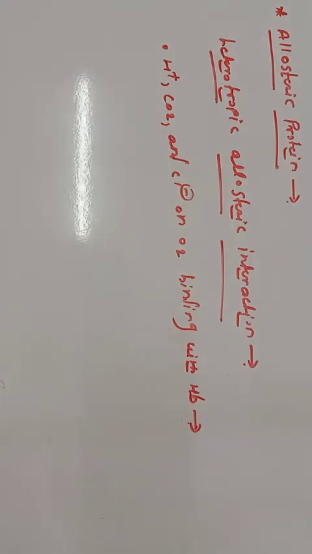Both H+ ions and CO2 show heterotropic allosteric interaction, due to which increasing concentration of these species reduces the affinity of deoxyhemoglobin towards O2.